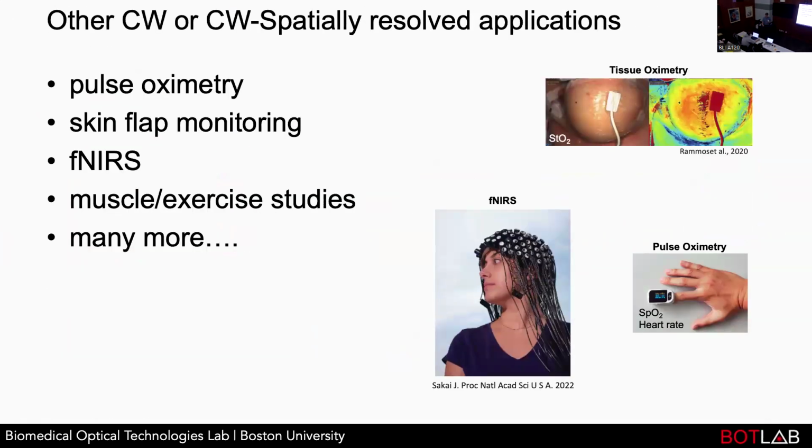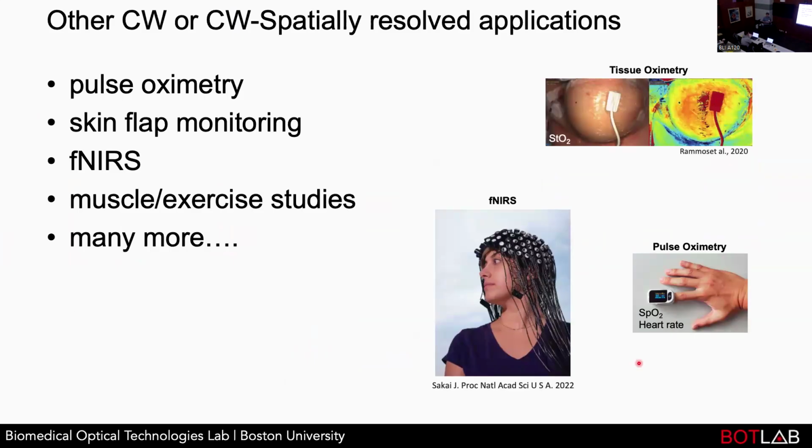So other CW or CW spatially resolved applications, I showed you these before. fNIRS is a huge community. And they're not just people like us, optical instrument developers. There are a lot of neuroscientists who use fNIRS technology, and there are commercial devices. So this has really been adopted in academia as almost a standardized tool. Then pulse oximetry is one of the great success stories of biophotonics.